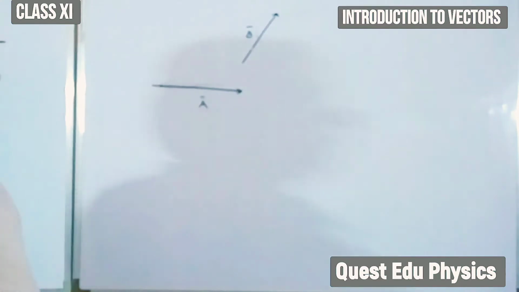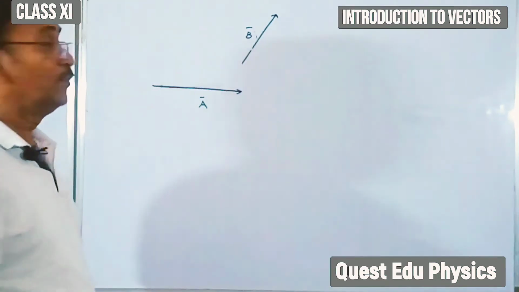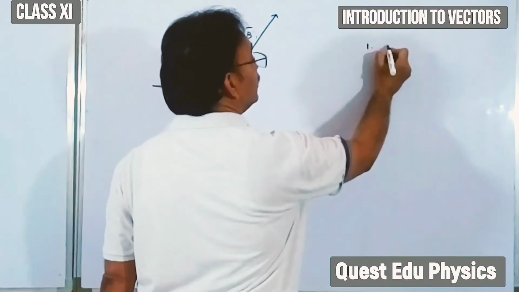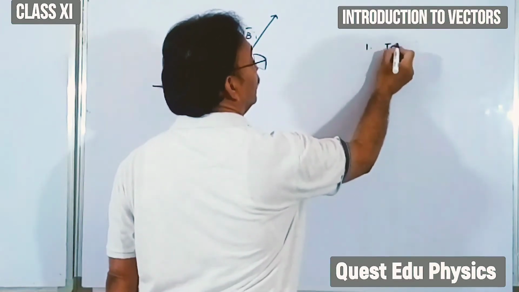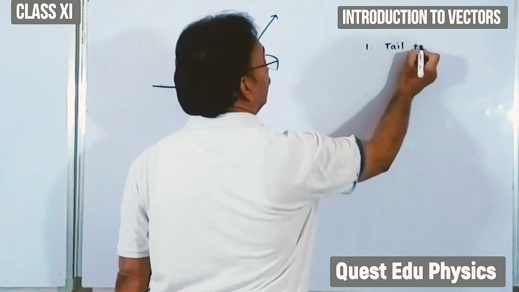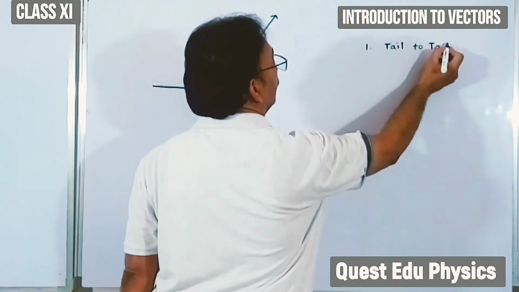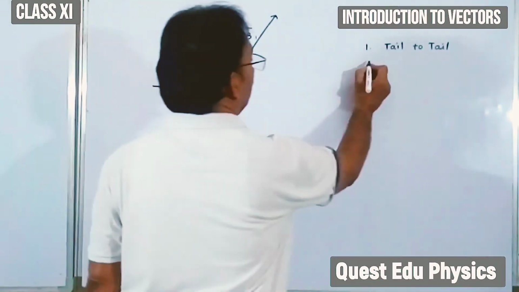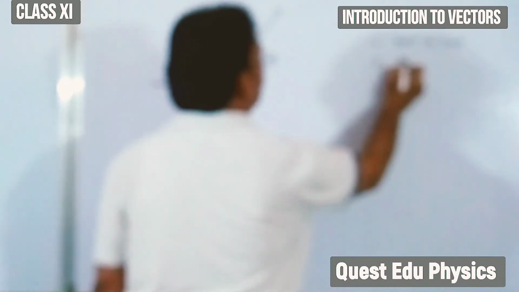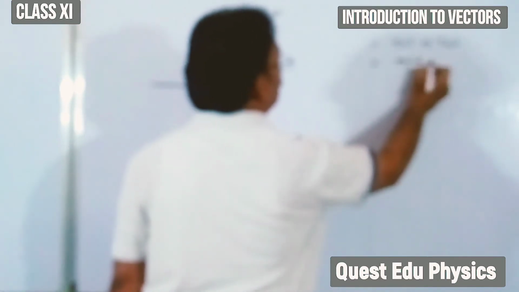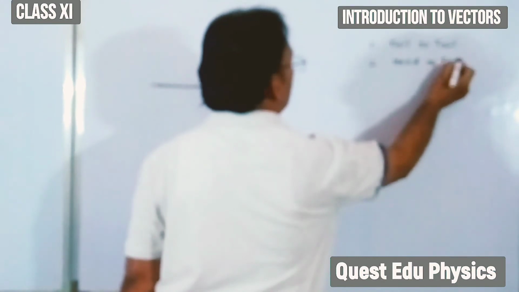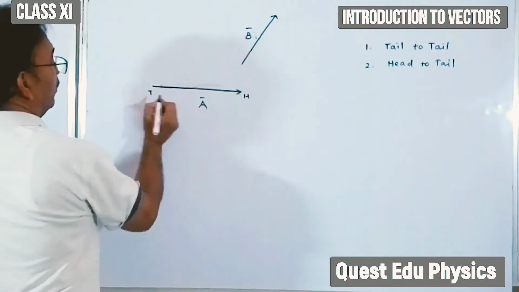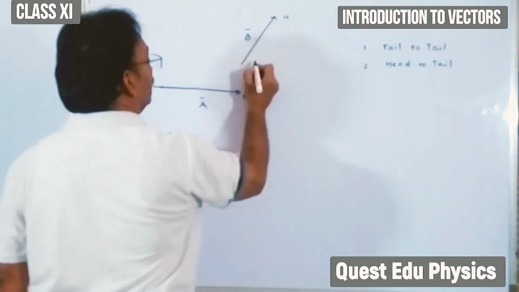We have to add these two vectors. How can we add? We have two methods to add these two. One such method is tail to tail method, and the second one is head to tail. Okay, and you know that it is the head and it's the tail, and it is the head and it's the tail.